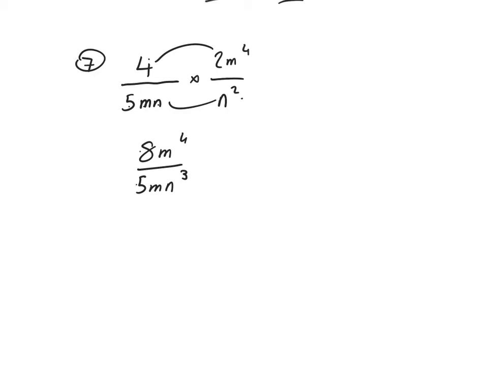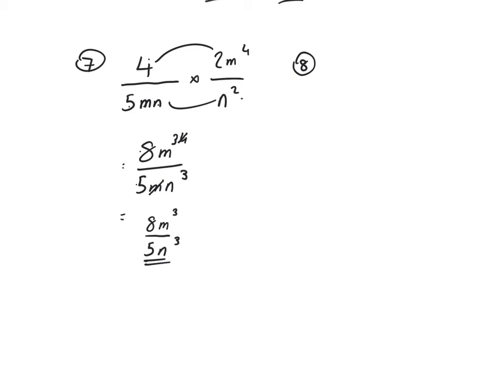Okay, 8 over 5, there's nothing I can do there, there's no common factor to simplify, but I can cancel that m with that m to the 4 to bring that down to m cubed, which would give me a final answer then of 8m cubed divided by 5n cubed.